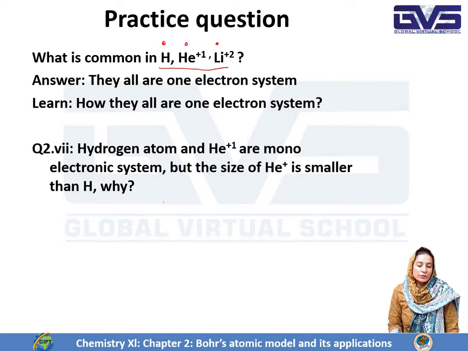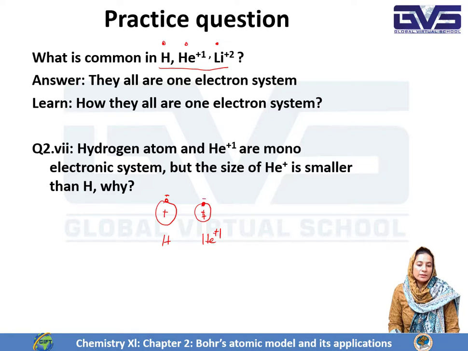Like we have hydrogen, this one. I already told you atomic number 1, so 1 proton and 1 electron. And helium, the atomic number is 2, so 2 protons, and here it is asking about plus 1, because if one electron is taken out it gets a positive charge and the remaining electron is 1.